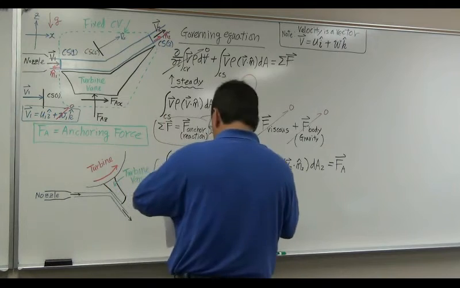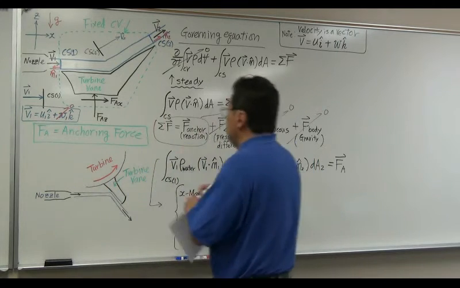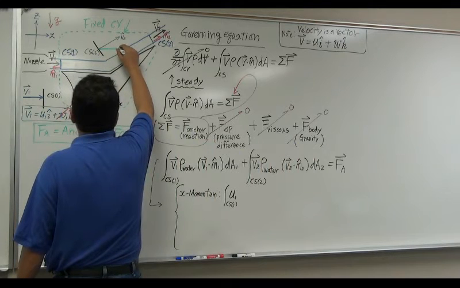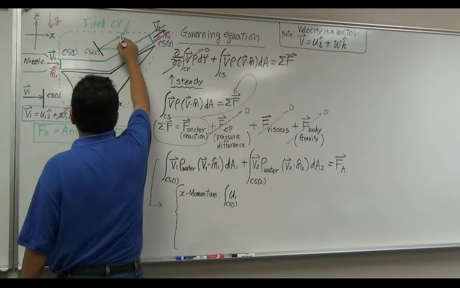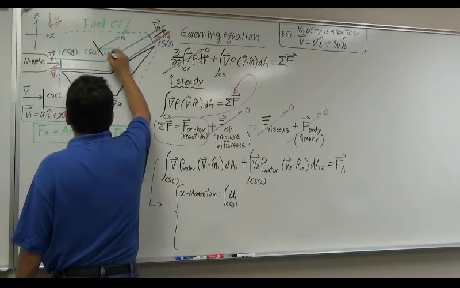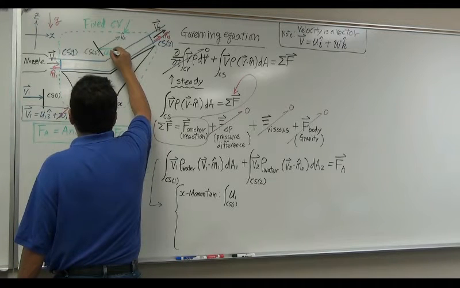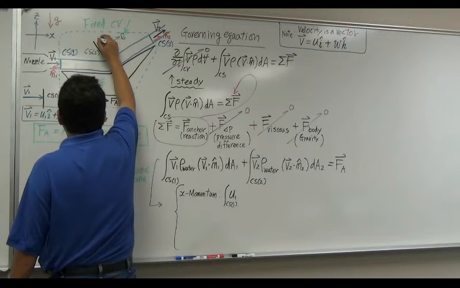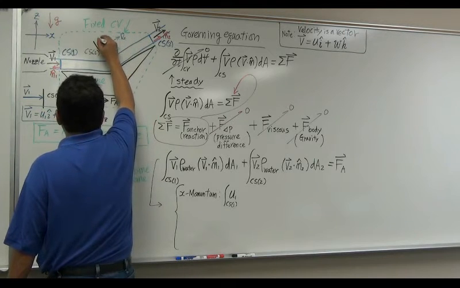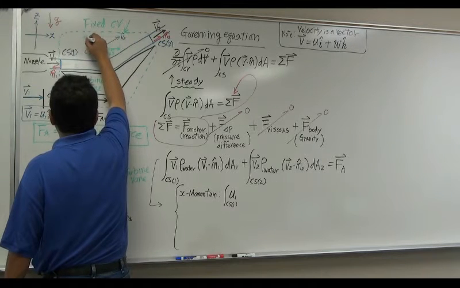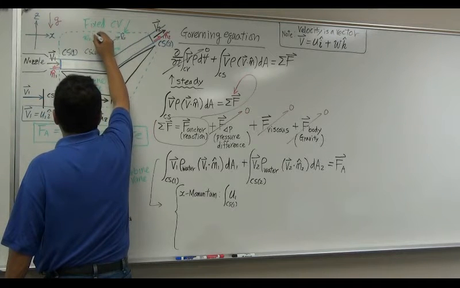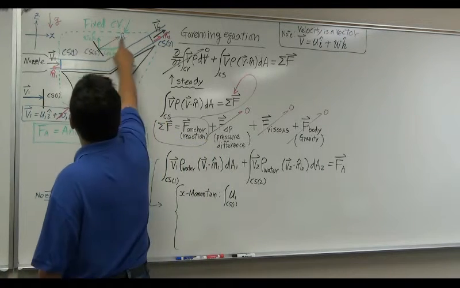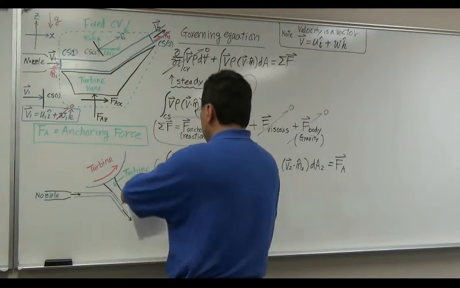Obviously, this v2 is broken down into two components. The component in the x direction is u2 i. The velocity in the z direction is w2 k. So you have two direction components of v2.